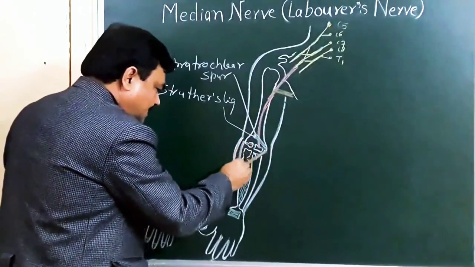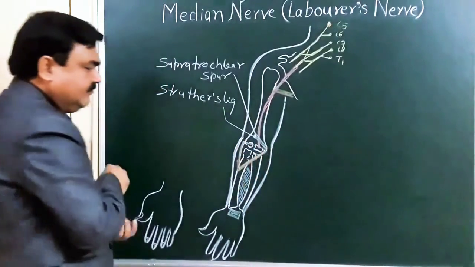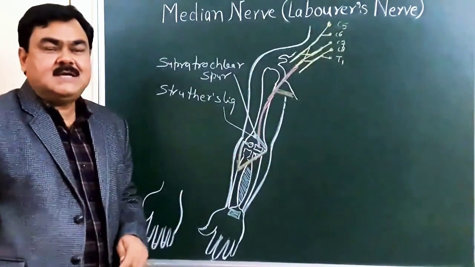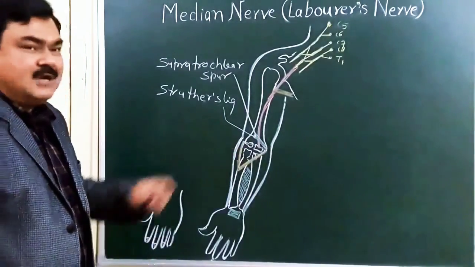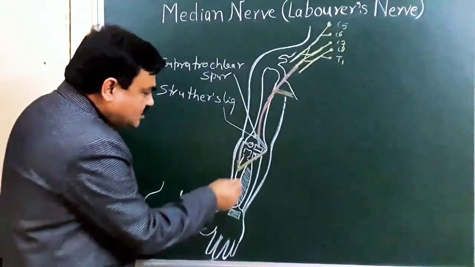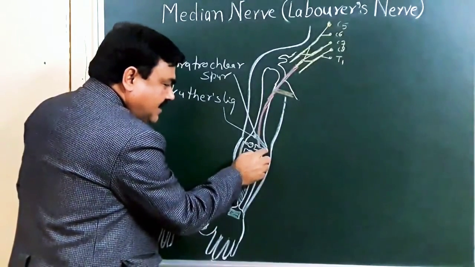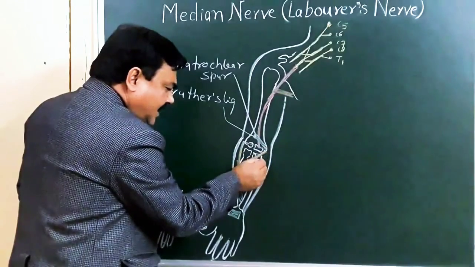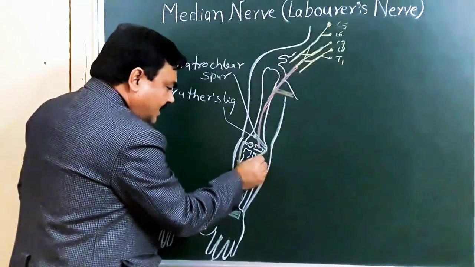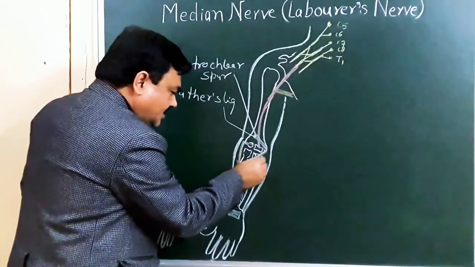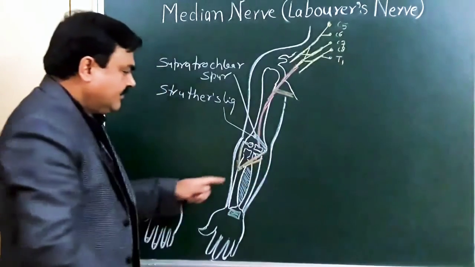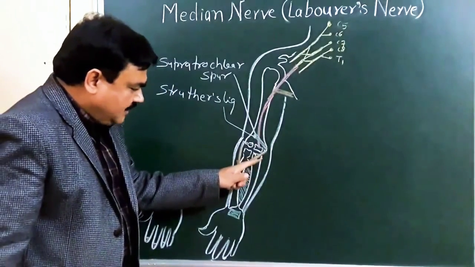This fossa is known as the cubital fossa. The pronator teres has two heads. One head arises from the medial epicondyle of the humerus, and the other from the ulna. Between these two heads there is a gap.